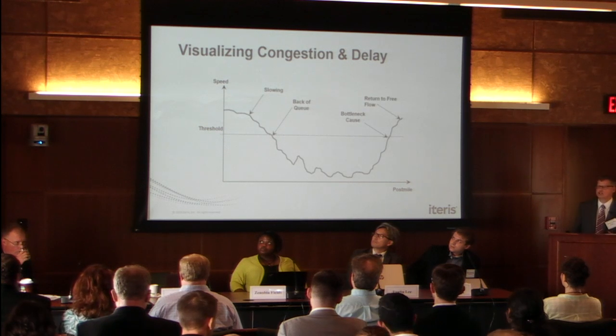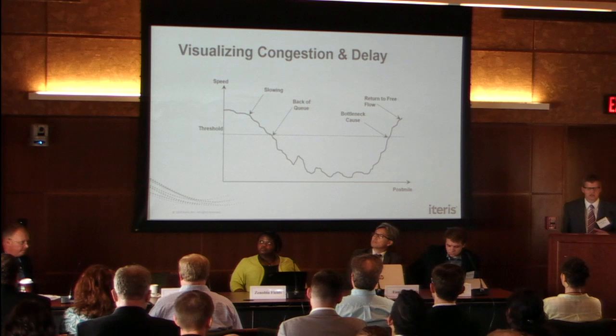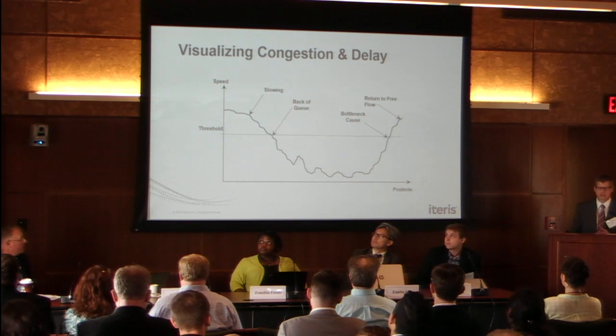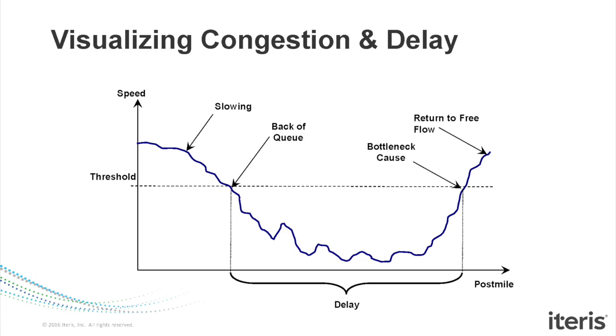Essentially what you're trying to do is, over a large space, visualize congestion and delay, along a line, how that looks: where traffic backs up, there's a slowing down, and a queue is created. You're creating some sort of threshold that you're defining as to what becomes congestion or unreliable measures.